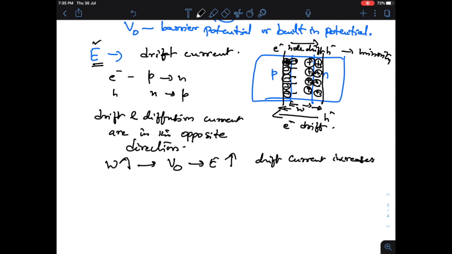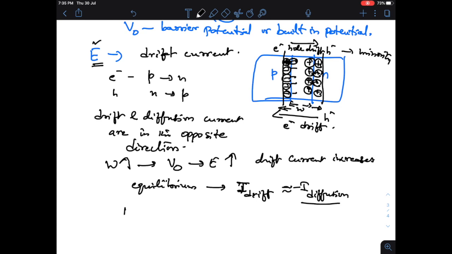This process continues until it establishes an equilibrium condition, where the drift current equals the diffusion current, which, of course, are in opposite directions. So I put a negative sign: I drift will be equal and opposite to I diffusion, and thus the junction is formed.